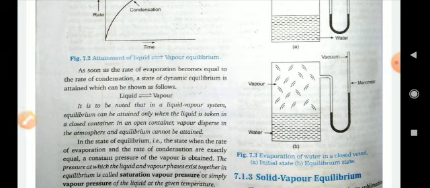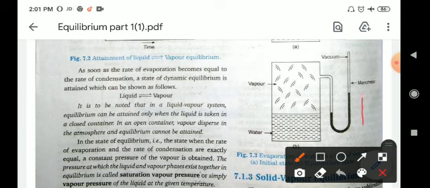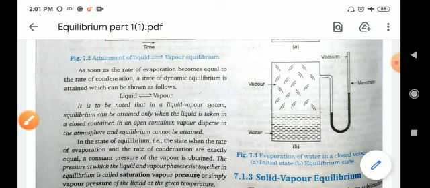As the molecules get vaporized, the reading of the mercury in the manometer increases. But when the equilibrium is attained, the mercury indication will stop, meaning the level will not go upward or downward. In that condition, we say that the equilibrium is attained.